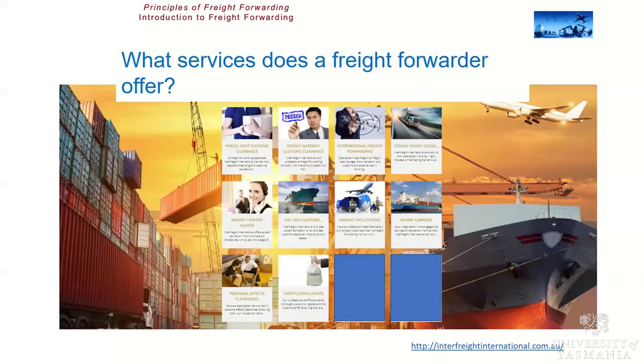They can undertake tariff consultancy. So part of that customs declaration and documentation requires an understanding of tariffs. Now we're not going to get into too much detail about what tariffs are, but we'll touch on that. They can oversee eBay purchases and customs clearances.